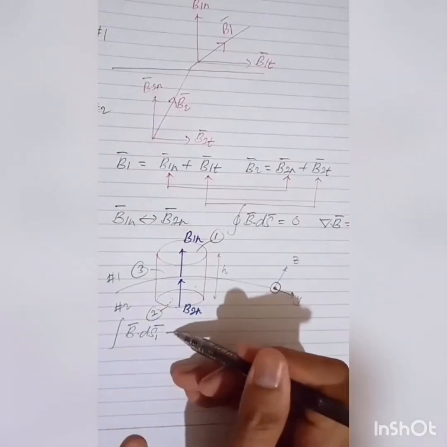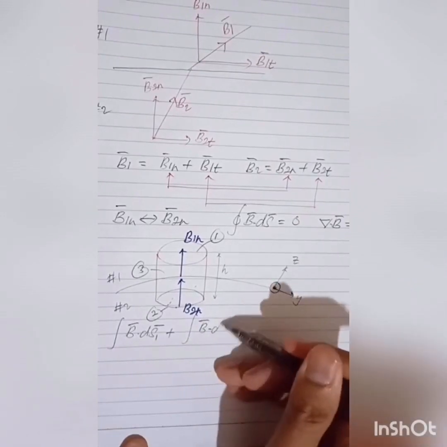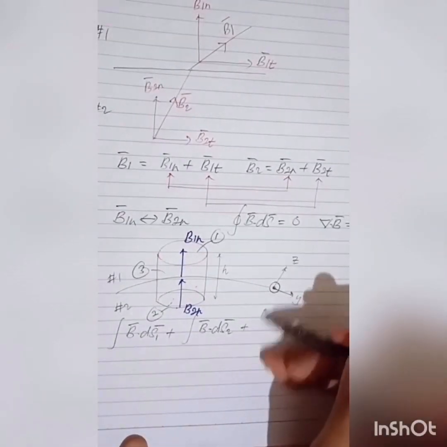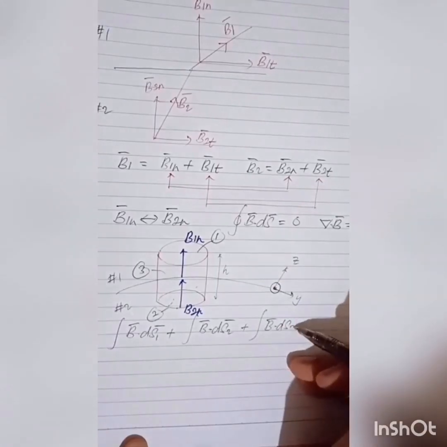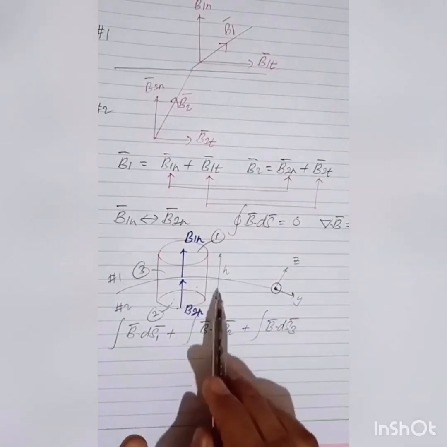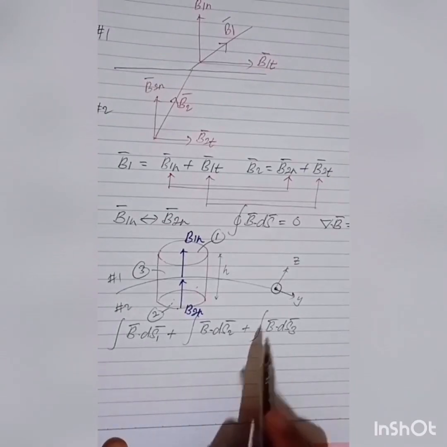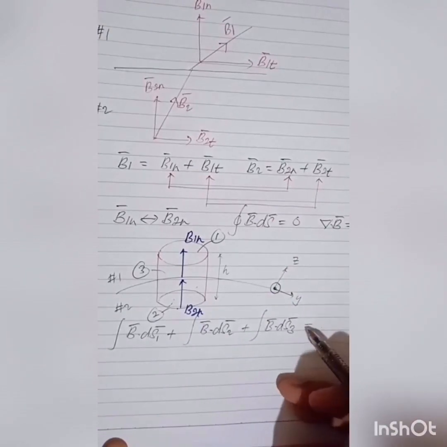Proceeding to the second integration, the B dot ds number 2 for the bottom surface, plus B dot ds number 3 for the side surface. Alright, so that's our complete expression of this Maxwell equation, and now it must equal 0.